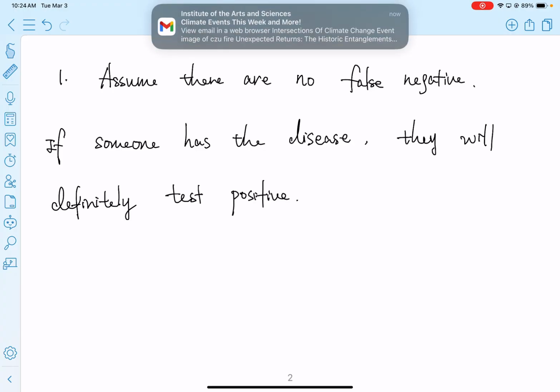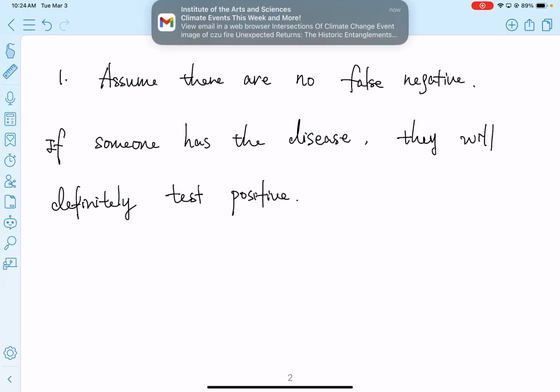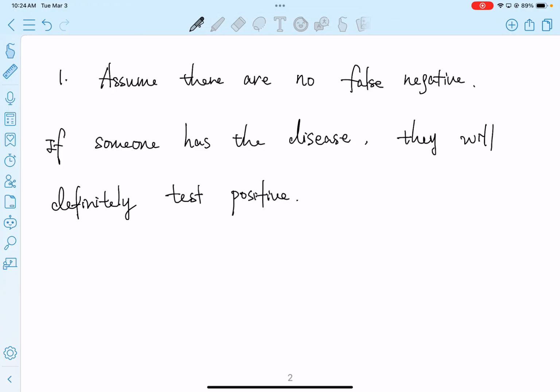That is to say, if the person has the disease and they implement the test, then the result will always return positive. So there's no false negative. A false negative is when the person has the disease and the test returns a negative result.